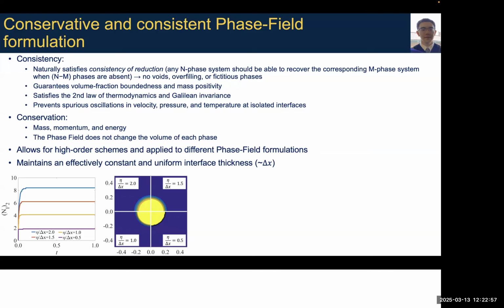I mentioned before that you could get volume fractions that are less than 0 or greater than 1. By the same token, you could get regions with volume fractions between 0 and 1 where the summation of the volume fractions doesn't add to 1, so you're creating voids and such things. These are things you want to make sure you enforce.